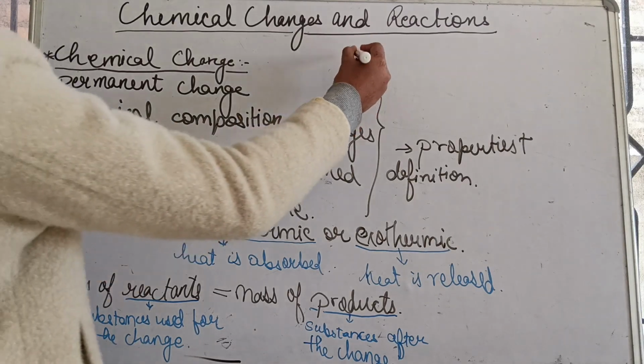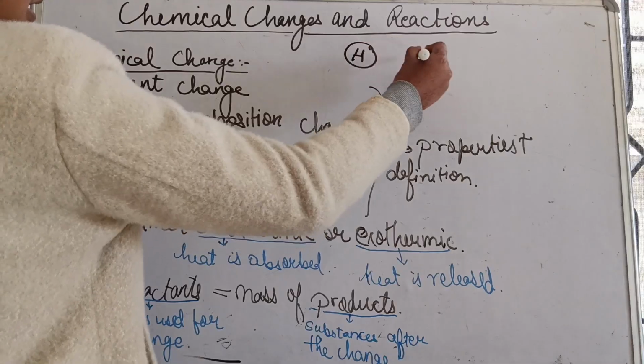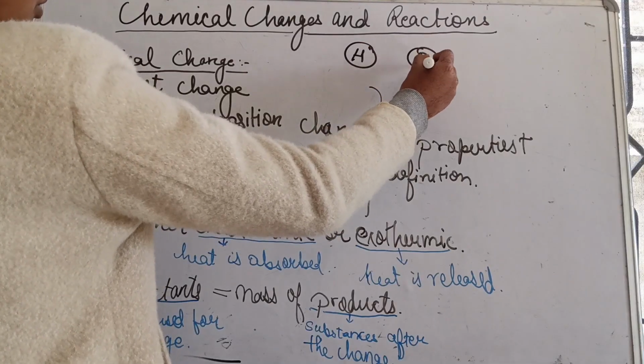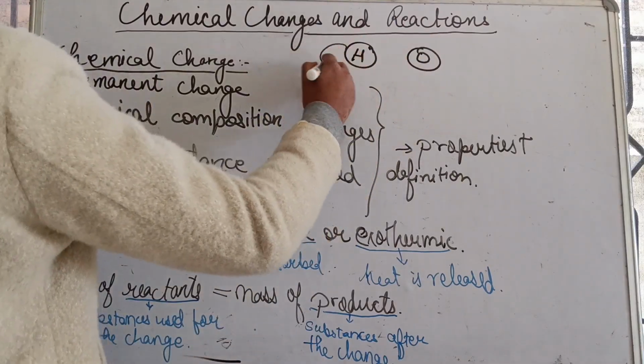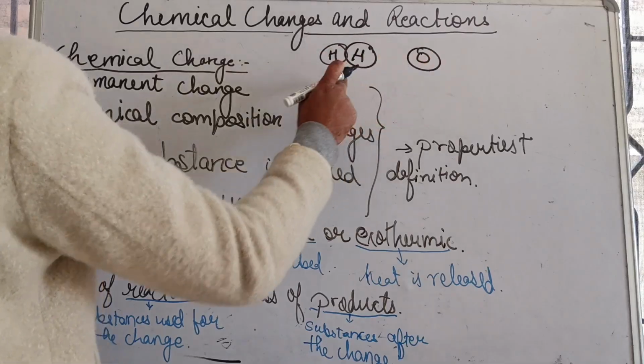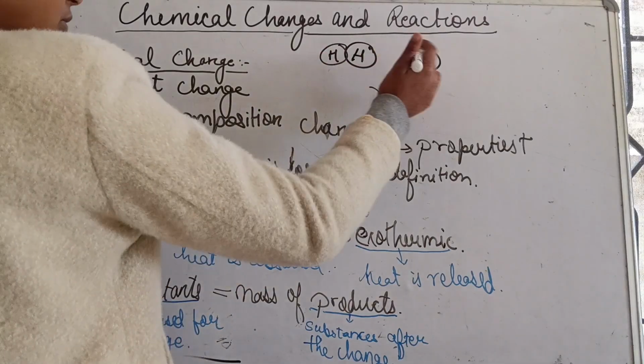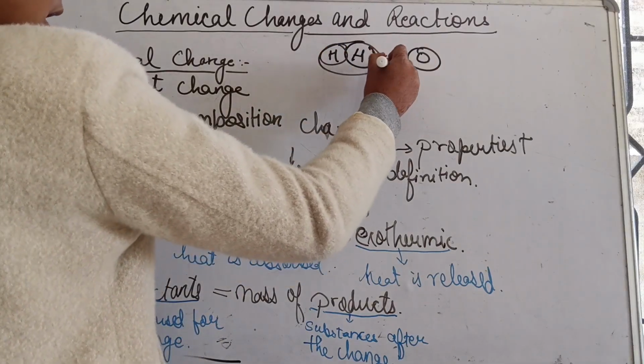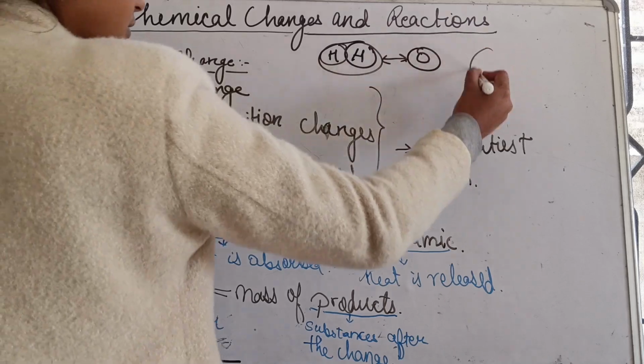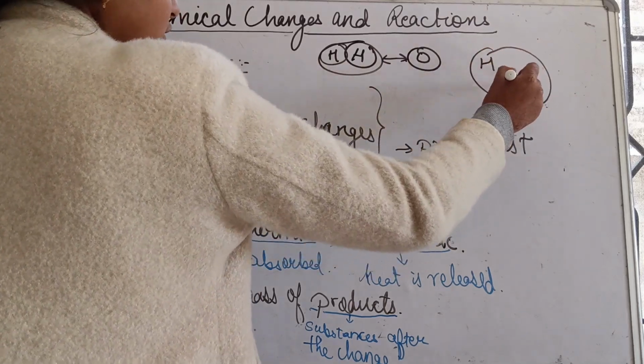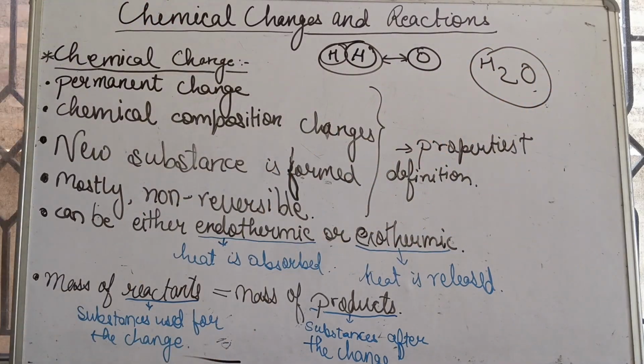Suppose we have 2H and O. When these are pulled, there will be a force of attraction. This will combine as H2O. So this is the chemical bond between the two.